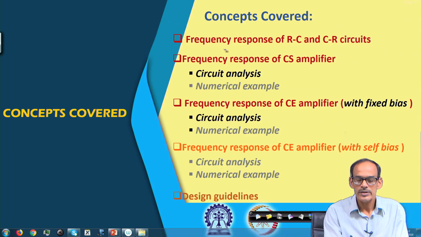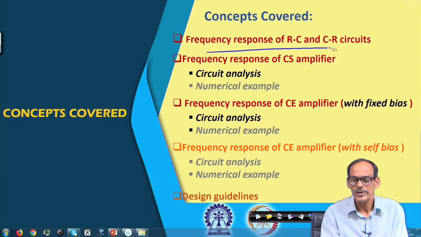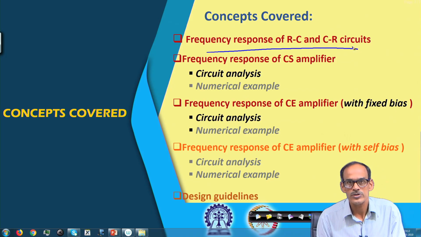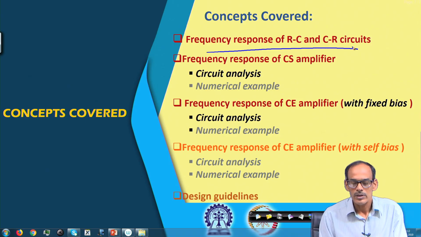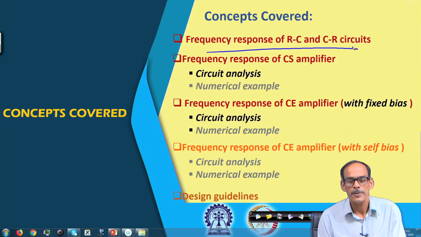To understand that, first we will revisit the frequency response of RC circuit and CR circuit, and then based on the RC and CR circuit, we will be talking about the transfer function of a typical system, RC or CR combination.